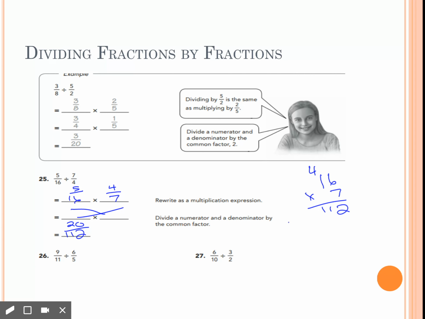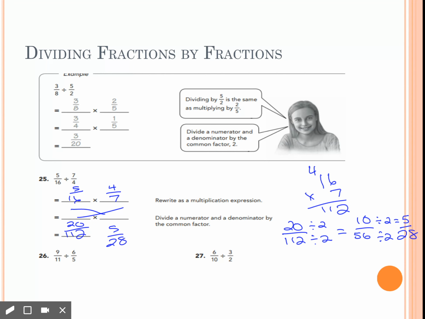I'm not sure, so I'm just going to start with 2. 20 divided by 2 and 112 divided by 2. So I get 10 over 56. I can divide by 2 again. And I'll get 5 over 28. And that'll be my final answer, 5 over 28.